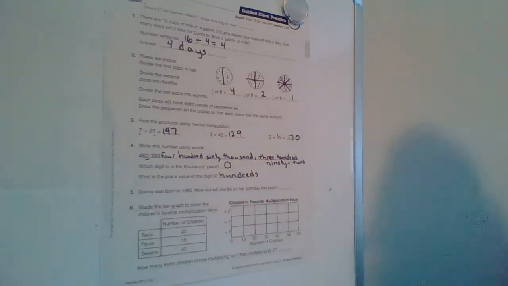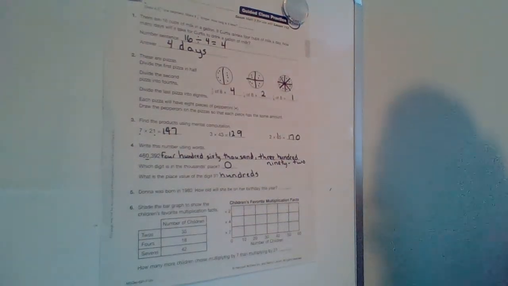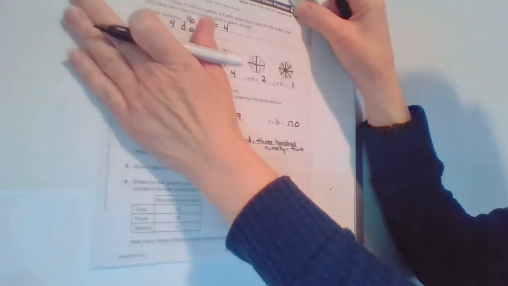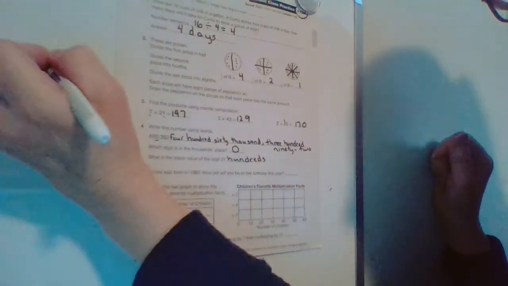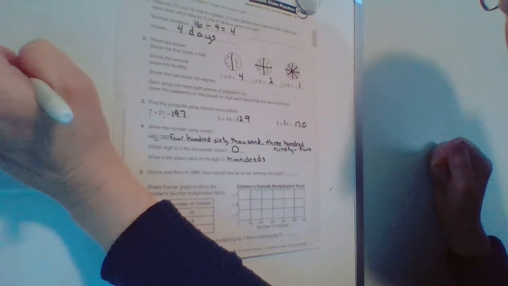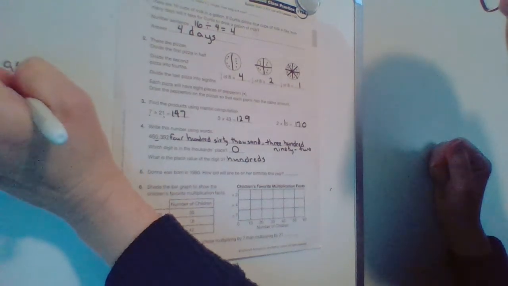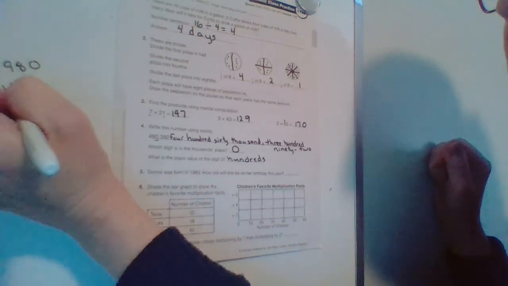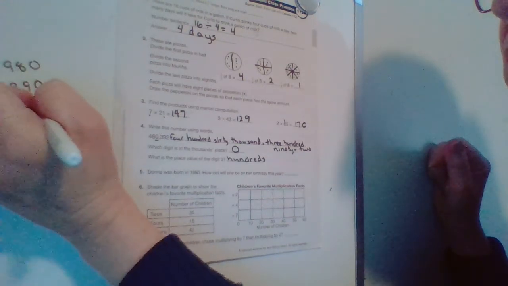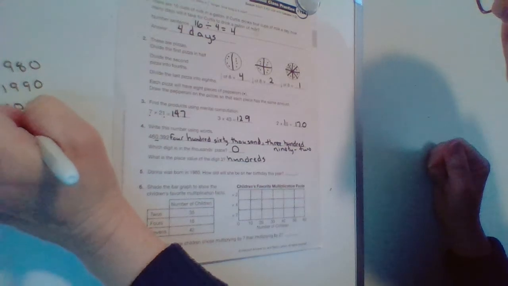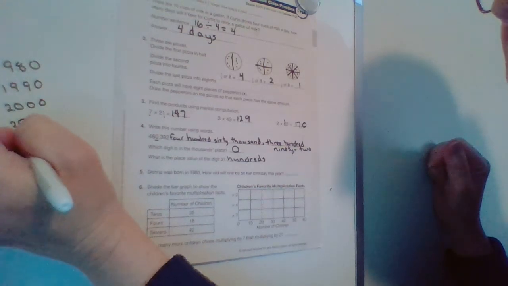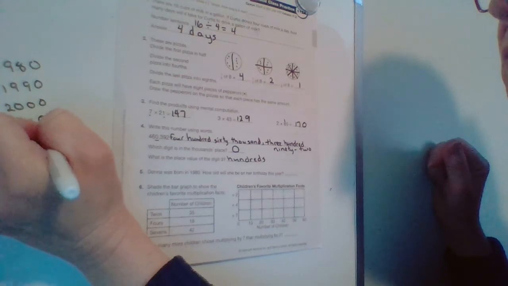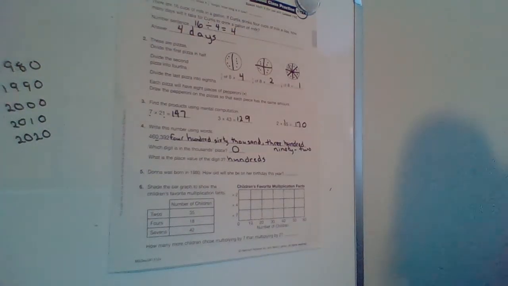Donna was born in 1980. How old will she be on her birthday this year? Okay, well, 1980. So let me see if I can write this. All right, so we have 1980, 1990, and then we have 2000, 2010, 2020.